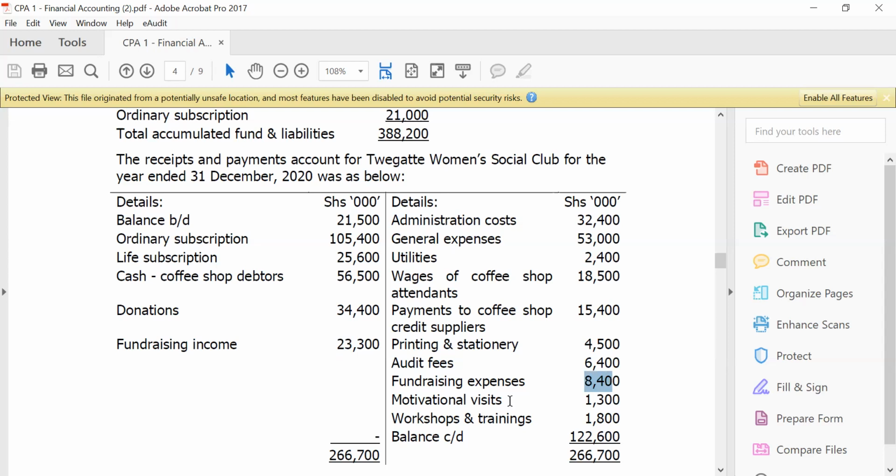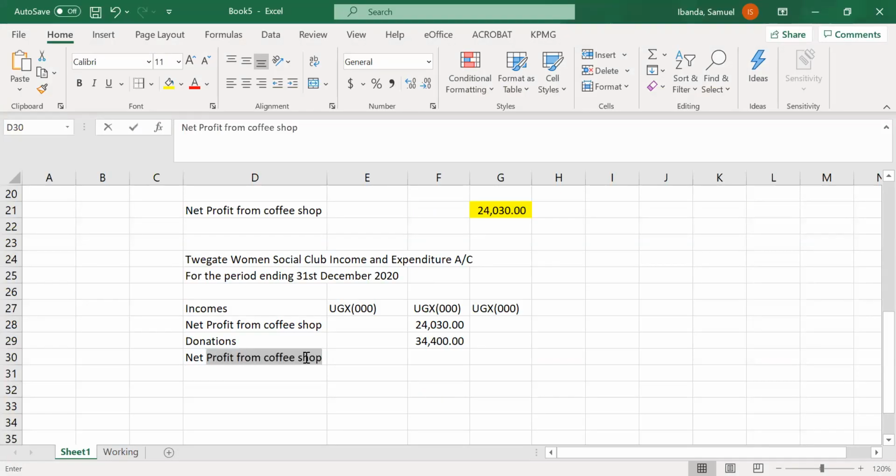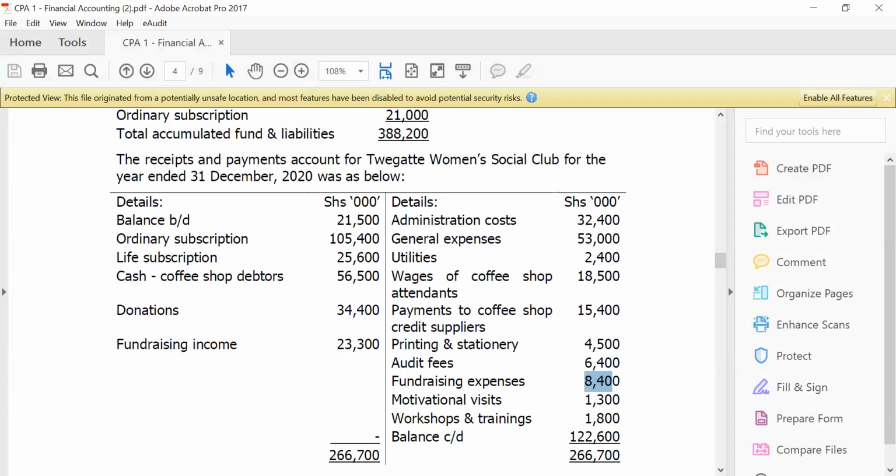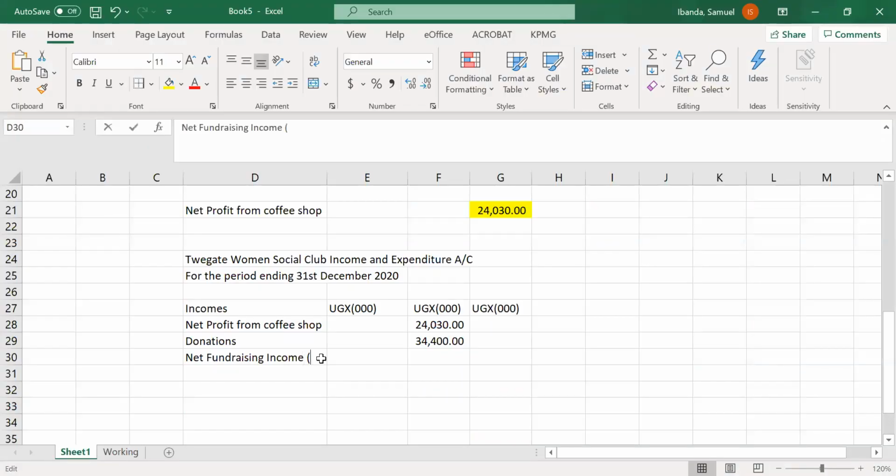So I'll just write here, the net fundraising income. The net fundraising income is 23,300 minus 8,400. I'll just put it here in brackets just to show.